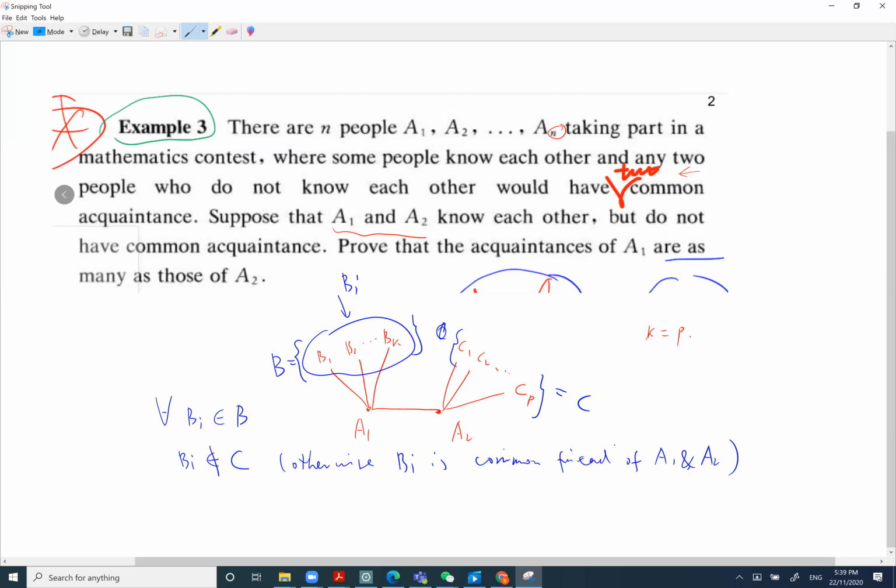Okay, so we just check BI here. BI knows A1. BI doesn't know A2.